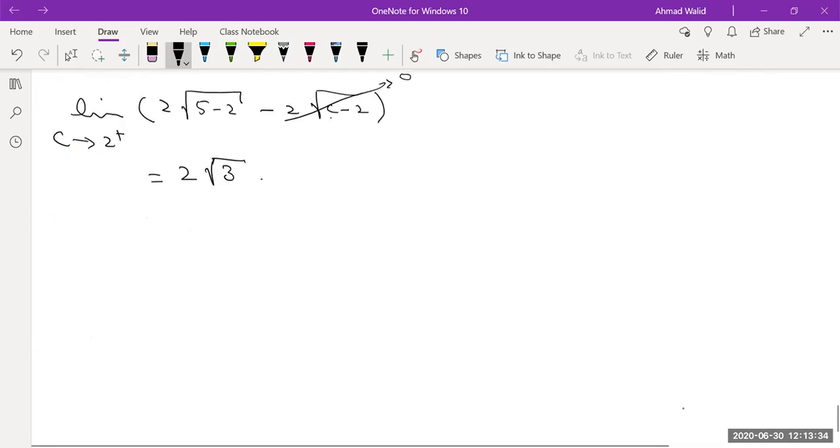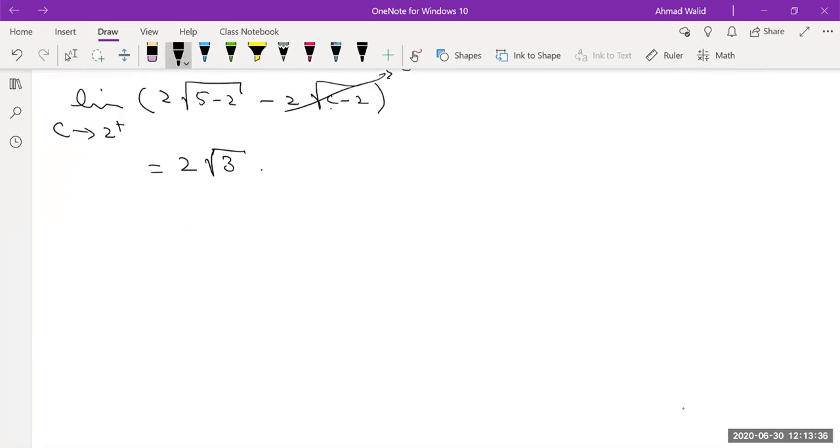The important part, again, I'm reviewing here. The important thing is how to choose c and from what side you are approaching c. If you have a and you have a discontinuity at b, you choose c close to b.